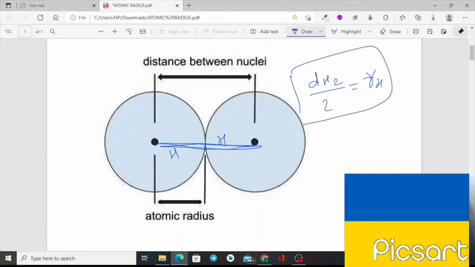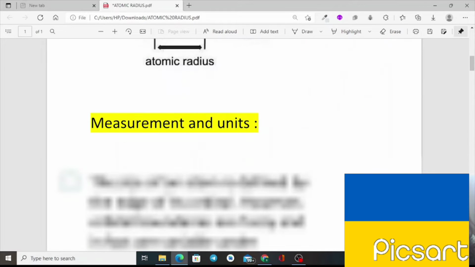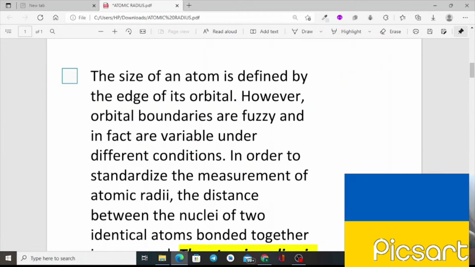Why is it so? Why are we not finding atomic radius in the free state? Because the size of an atom is always defined by the edge of its orbital. However, the orbital's boundaries are fuzzy, and in fact they are variable under different conditions.